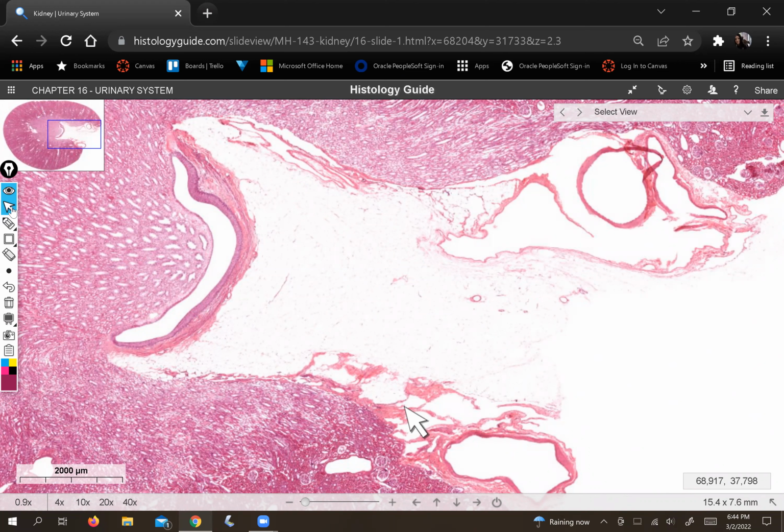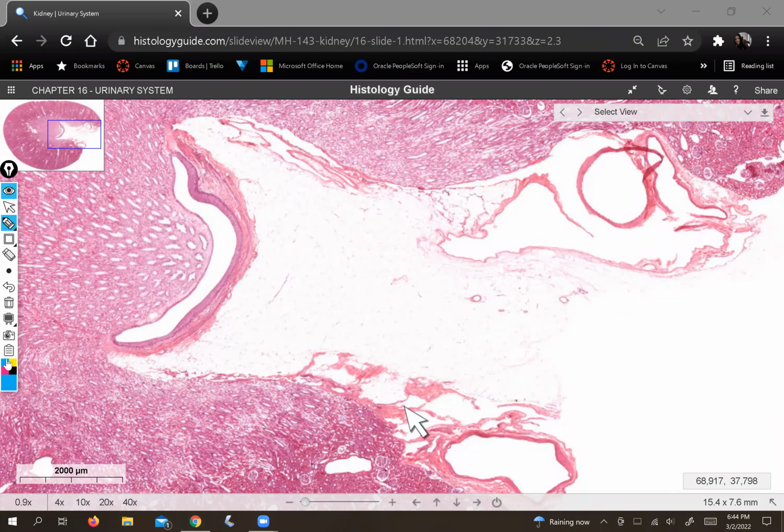One of the confusing things about the kidney that students have a hard time with, especially due to the way that the book illustrates it, is the idea of what a renal sinus is. So notice how the tissue stops at this margin, and then we have this space that is filled with adipose tissue. So you can kind of see the cell membranes here.